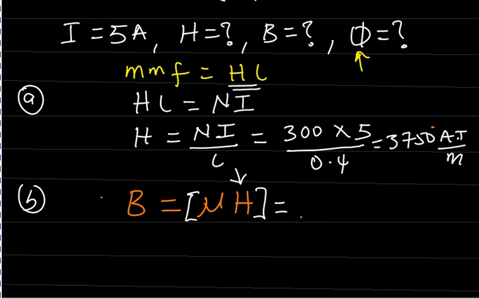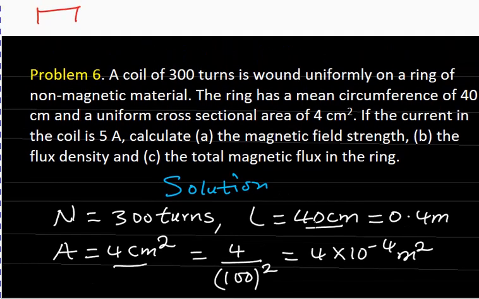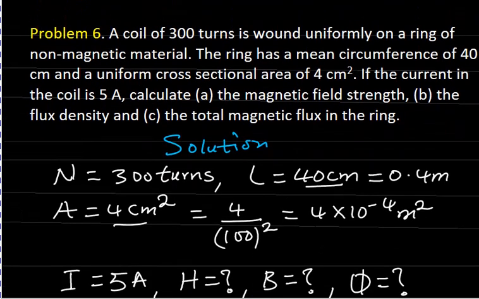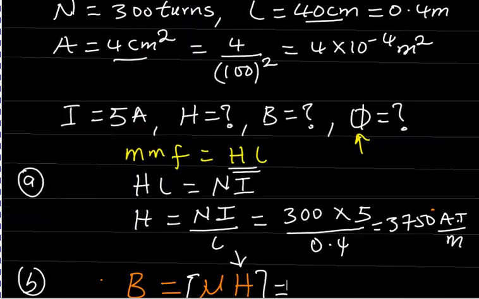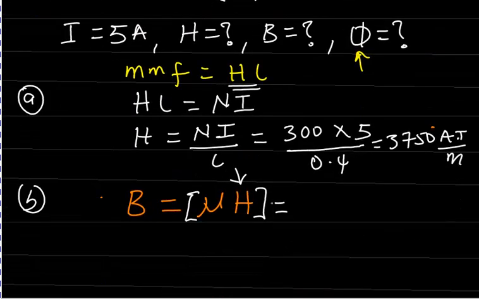So now in this case, this is a non-magnetic material. Since it's a non-magnetic material, we can definitely have it that the relative permeability is 1. Don't forget that permeability of a magnetic material is given as the relative permeability multiplied by the absolute permeability.